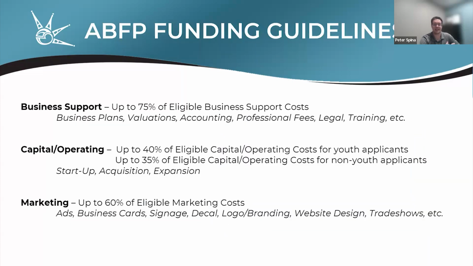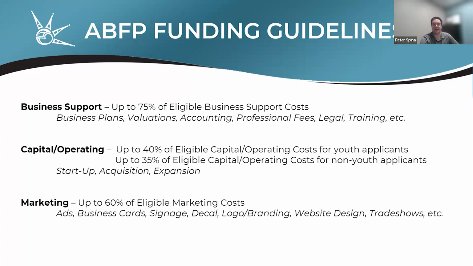The three sections that are covered with ABFP are, first, business support. That's ultimately anything that you could use to support the business. You might need to speak with a lawyer for legal advice. You might want them to help you do the documents if you're looking at incorporating your business.